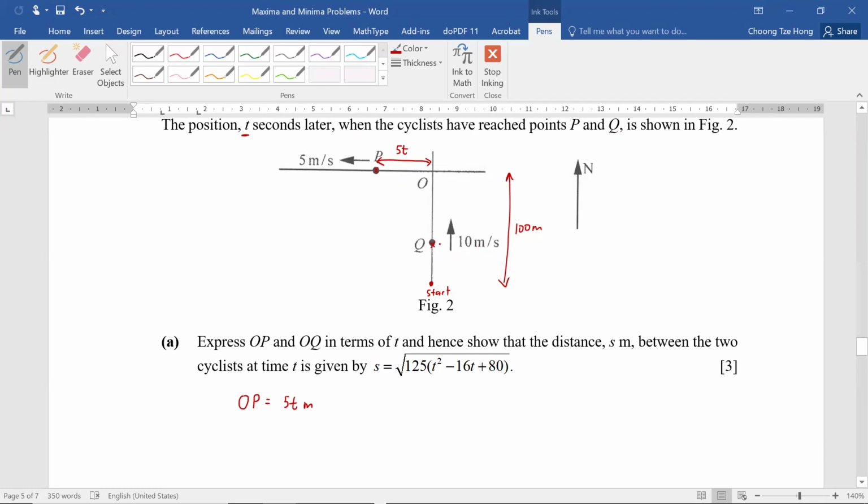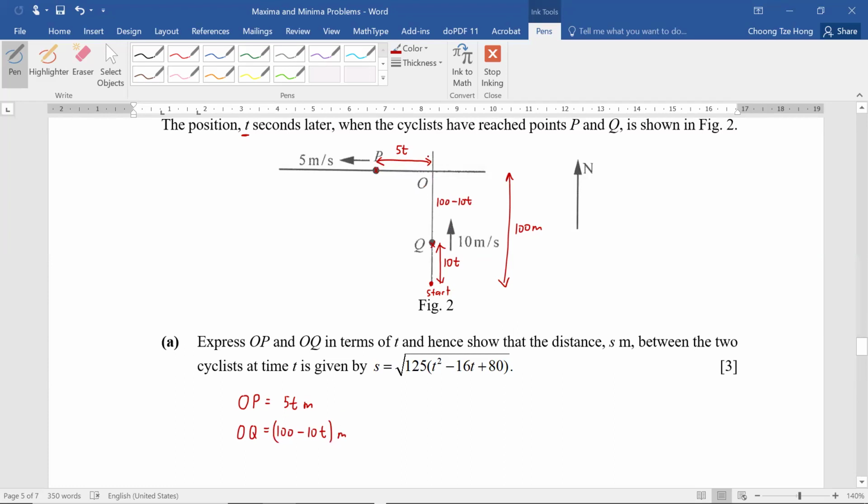So this distance over here is going to be 10t. So what will OQ be? Remember the starting position to O, the distance was 100 meters. Now he has moved 10t closer, so OQ is going to be 100 minus 10t meters.